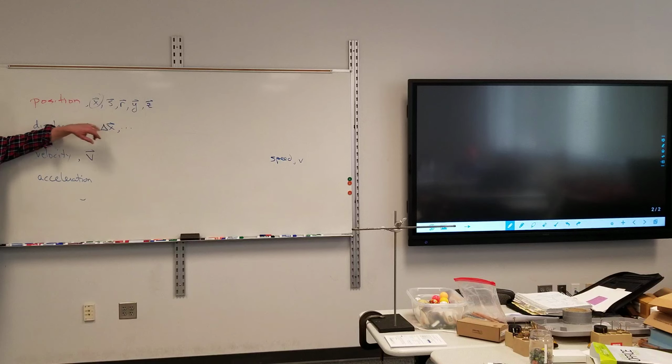If I don't have the vector symbol over it, what is it? I guess we'll come back to that.